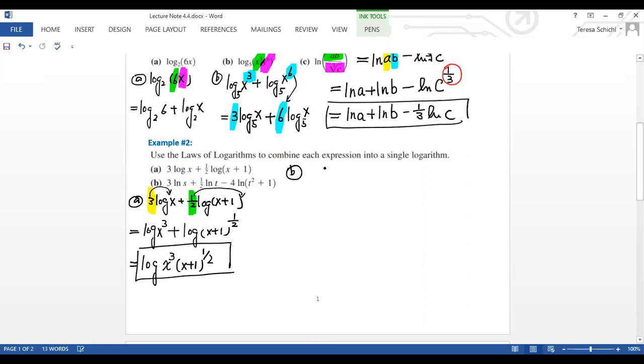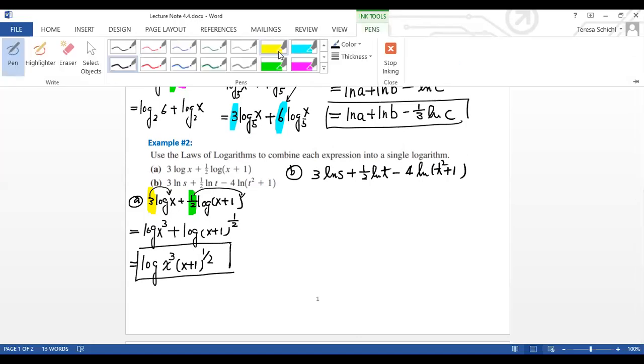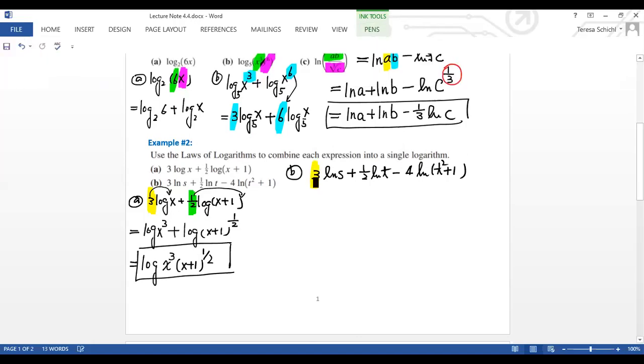The same idea, right? This is 3 natural log S plus 1/2 natural log T minus 4 natural log of T squared plus 1. Those are my trouble terms, the ones in front of my log function.